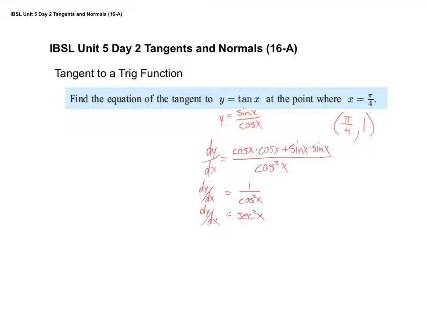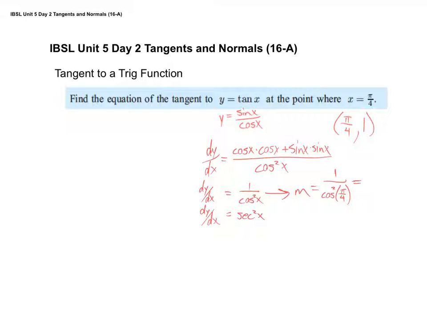Because I don't know what secant of pi over 4 is, but I do know what cosine of pi over 4 is. Okay? So, for my slope, what's the 1 over the cosine squared of pi over 4? What's the cosine of pi over 4? Root 2 over 2. Okay?